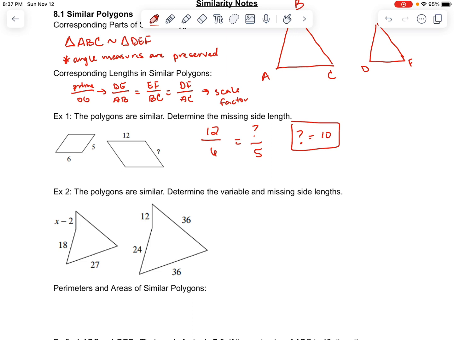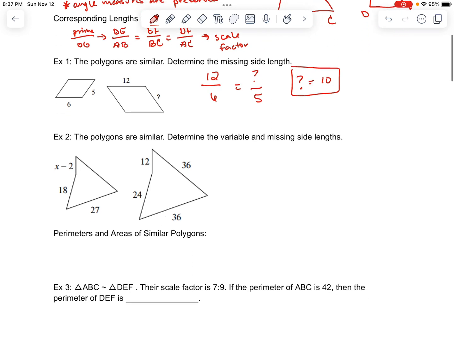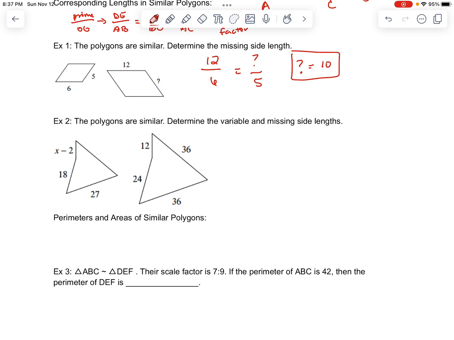So for instance, on the next one here, on the polygons, I can see that the 18 and 24 go together, and the x minus 2 and the 12 go together. So we have 24 over 18 is the same as 12 over x minus 2.